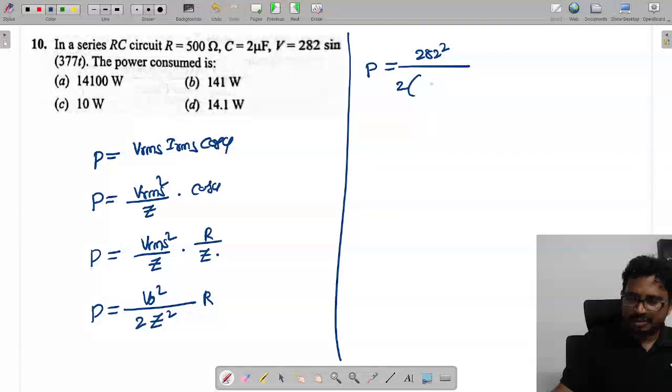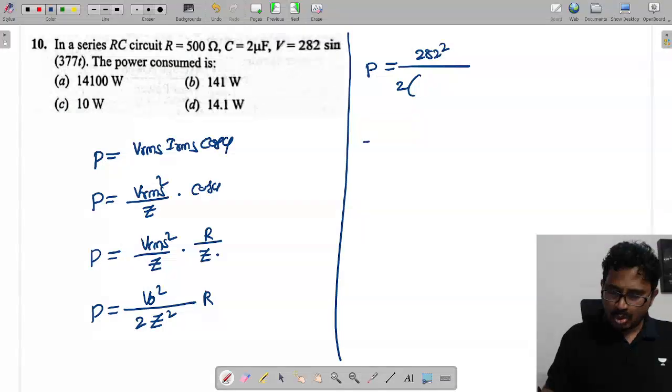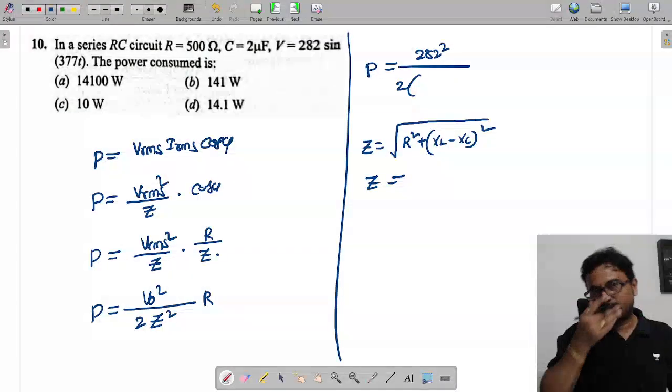The impedance is not given, so we should calculate it. Z is equal to square root of R square plus XL minus XC whole square. Simplify it.